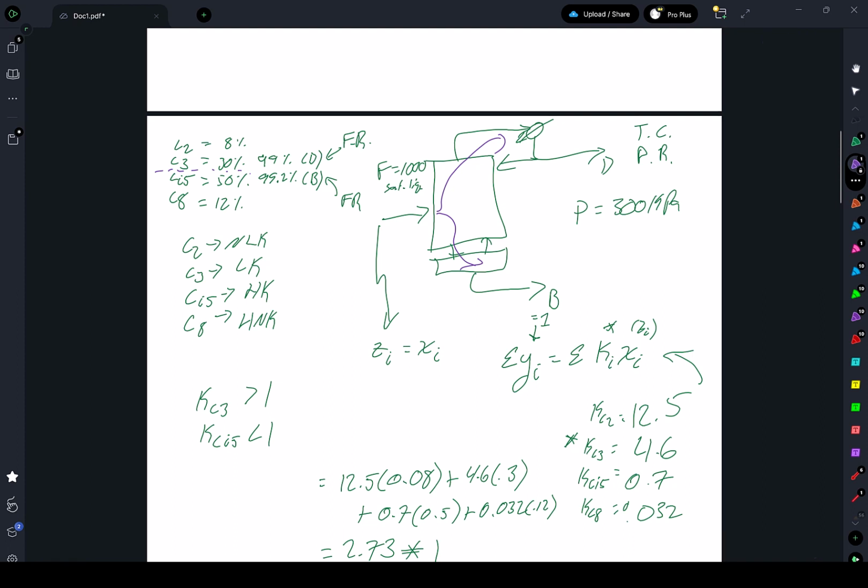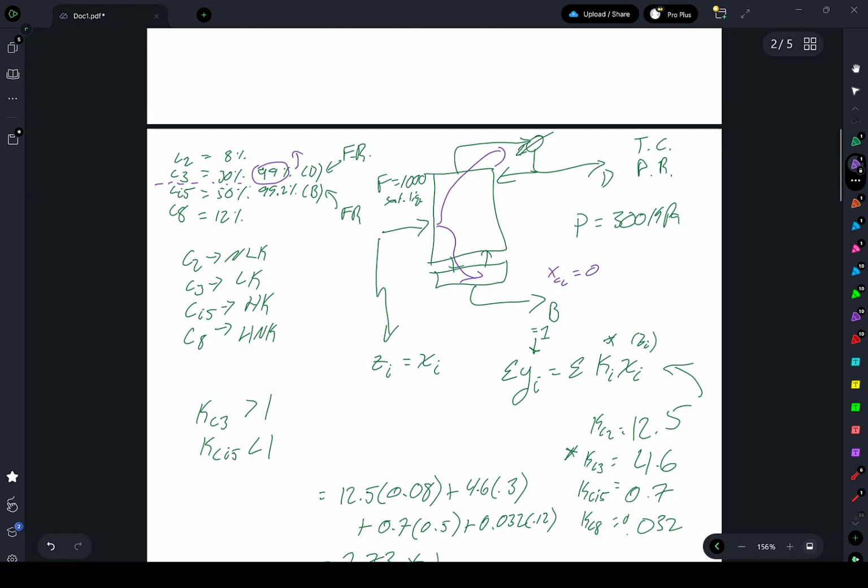But the biggest thing is that since this is such a high percentage going to the top, we're assuming that anything more volatile is not going to be present in the bottom. So our x of C2 is going to be 0. We're not going to have any flow rate of ethane in our bottom composition.